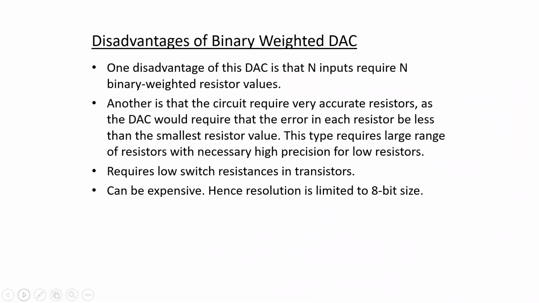Now, regarding some disadvantages of the binary weighted DAC, one disadvantage is that for n number of bits in the digital input, you require n number of binary weighted resistor values.